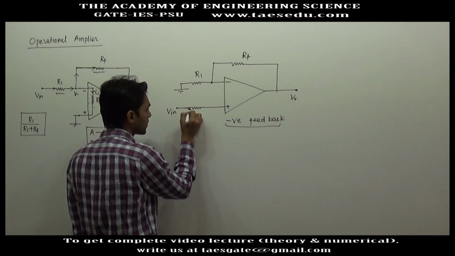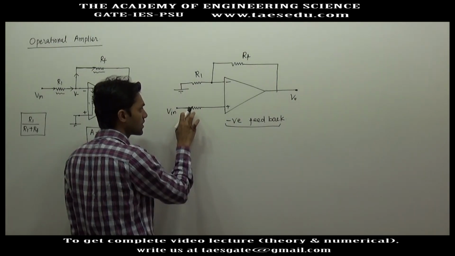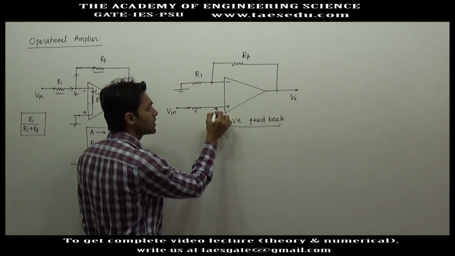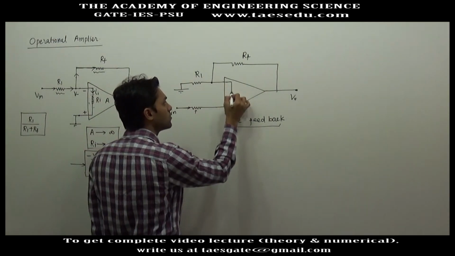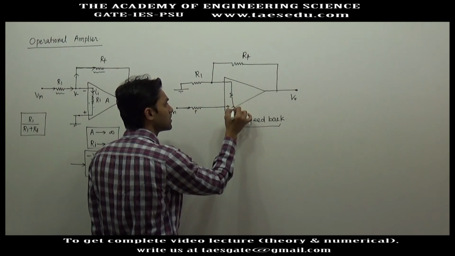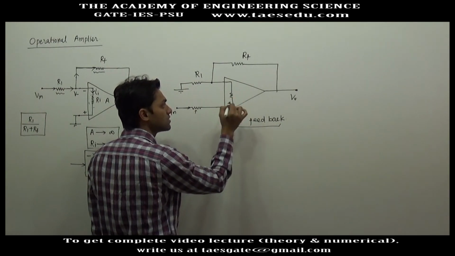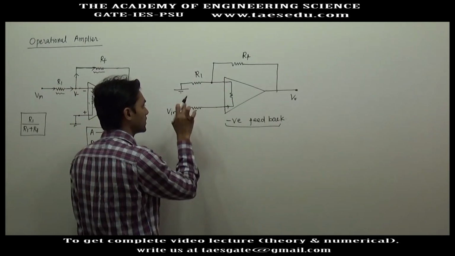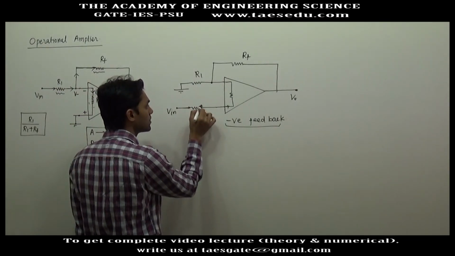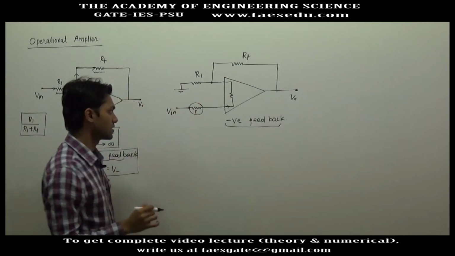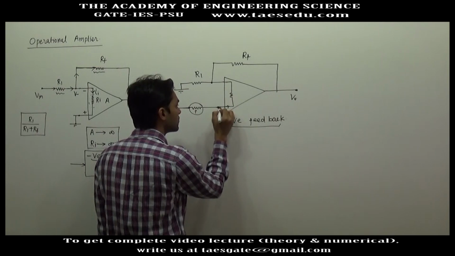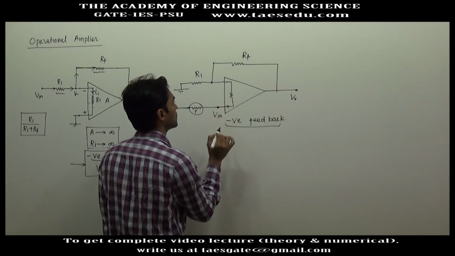Since this is negative feedback, this voltage and this voltage will be the same. If we talk about current in this resistance, any current that flows through this resistance will enter into the amplifier, and the input impedance of the amplifier tends to infinity, so there cannot be any current here. If there is no current, there is no potential drop across this resistance. So if this is at input voltage, this potential will also be at input voltage.